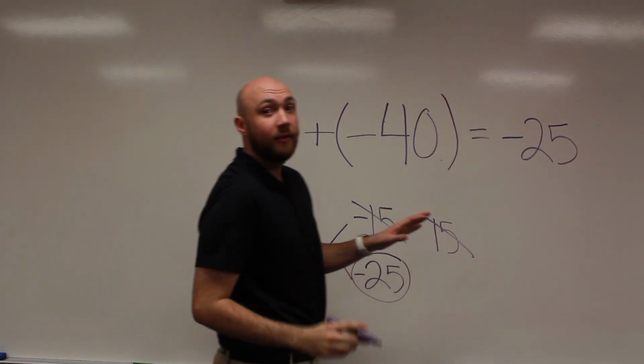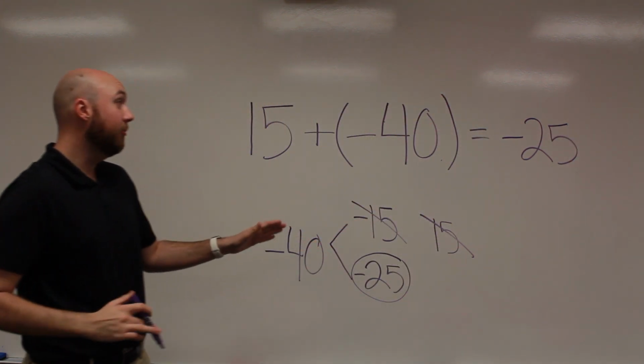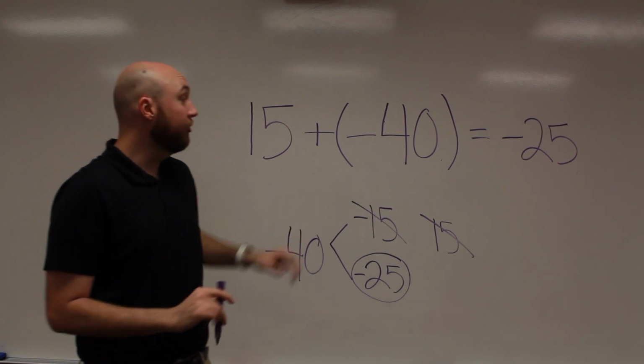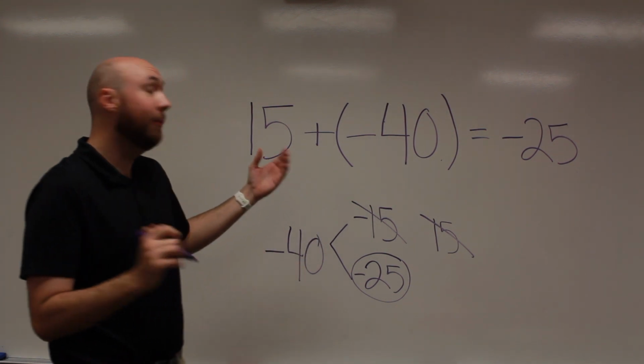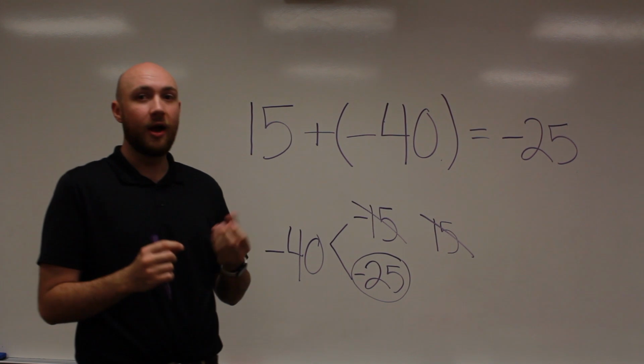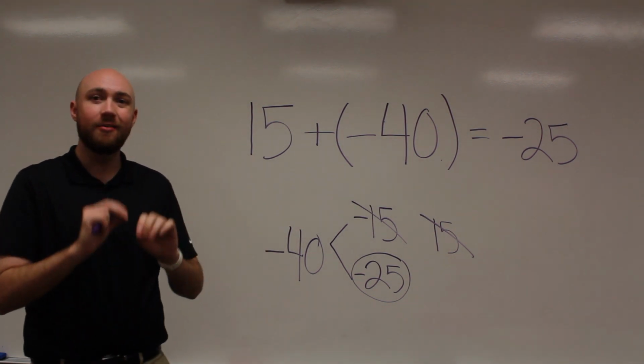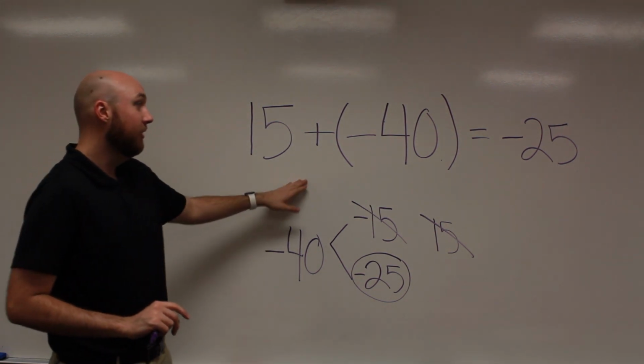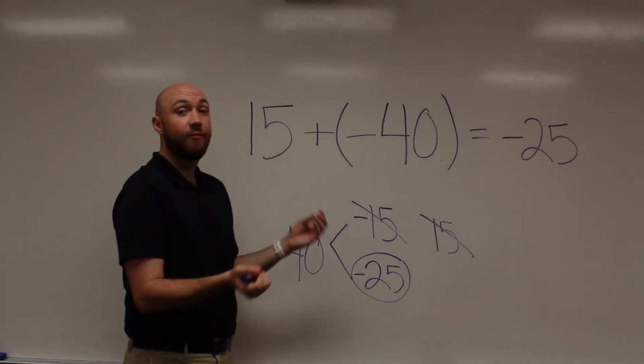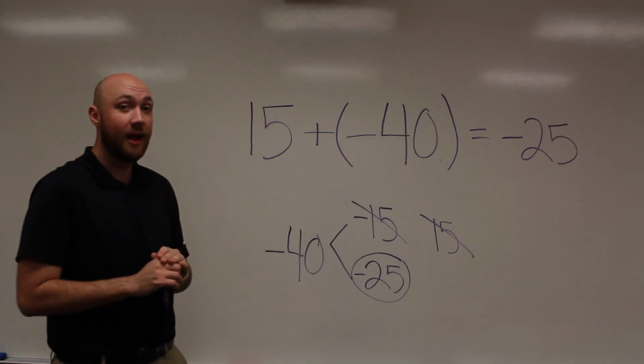So this is a strategy you can use to solve integer problems that you're adding whenever we may not have enough space to do the number lines or draw all the circles. You may not have enough room on your paper or on your desk to do this sort of problem with visuals. So this is how you can break it down.